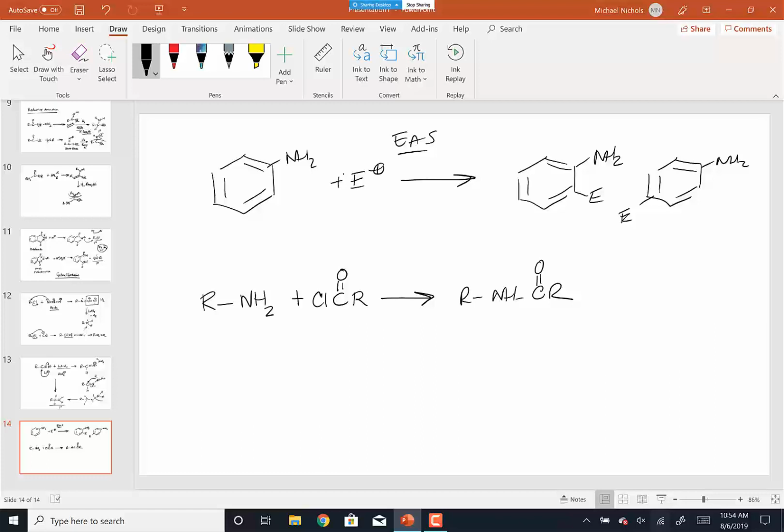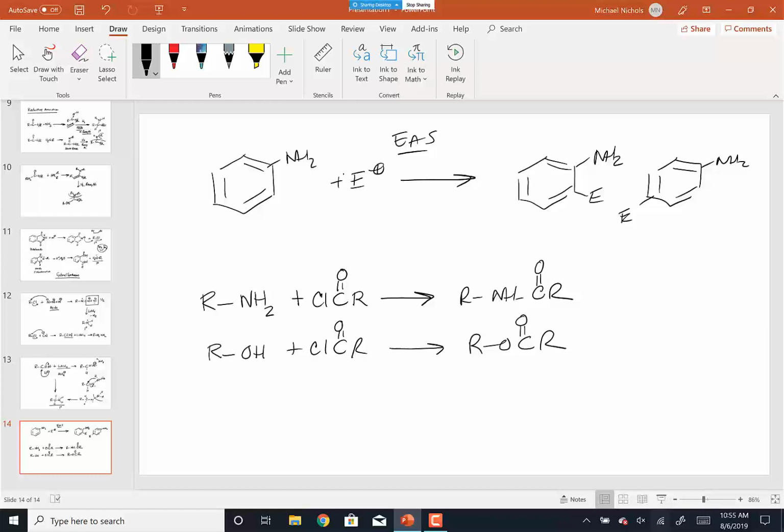Where did we see a similar reaction? If you take an alcohol and react it with a carboxylic acid chloride, what do you make? An ester. So you can react an acid chloride with an OH group and make an ester.